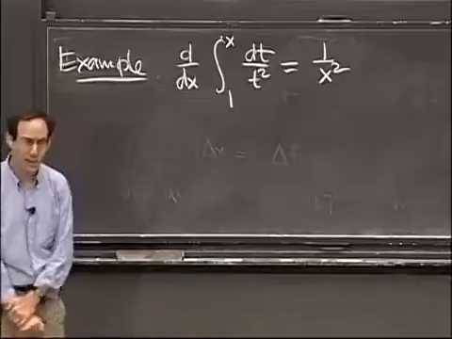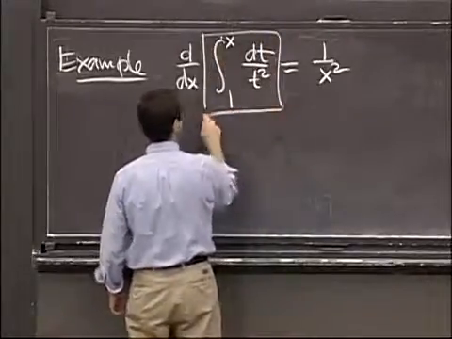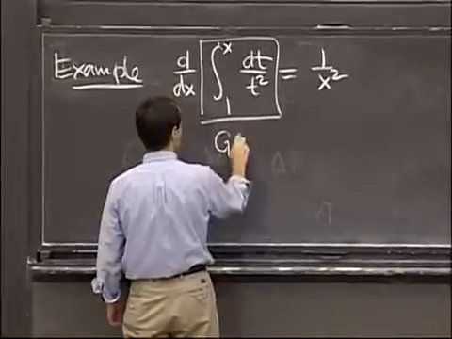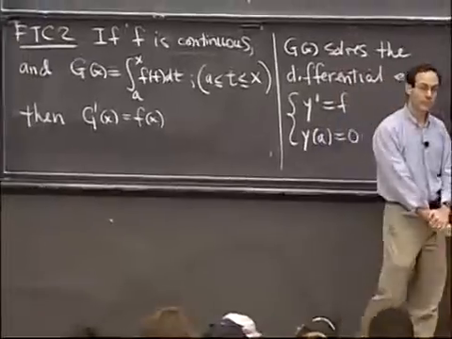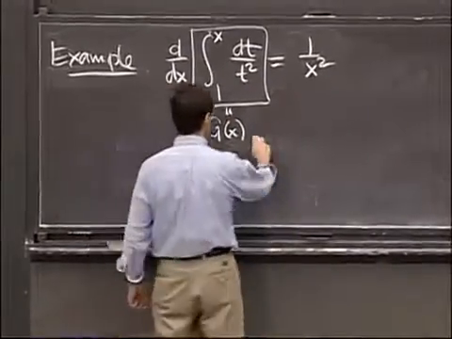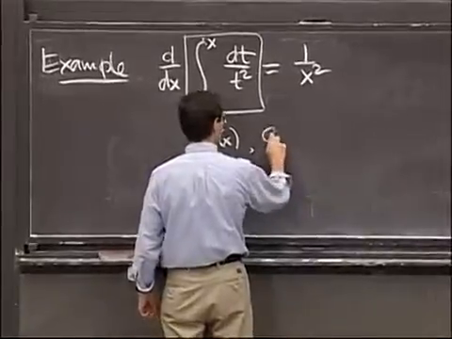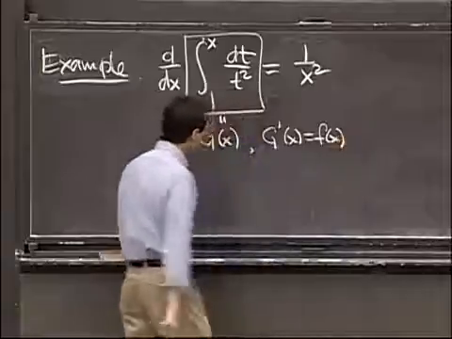And the reason is that by definition, this function in here is a function of the form g of x of the theorem over here. And by definition, so this is the g of x. And by definition, we said that g prime of x is equal to f of x. Well, what's the f of x?